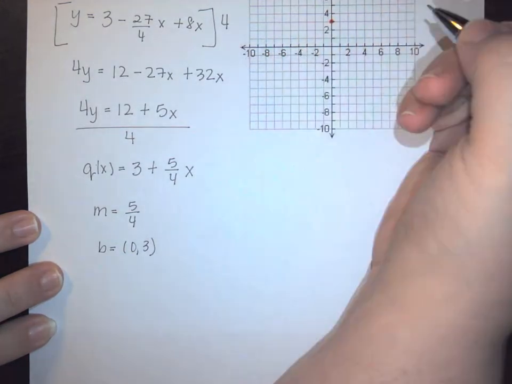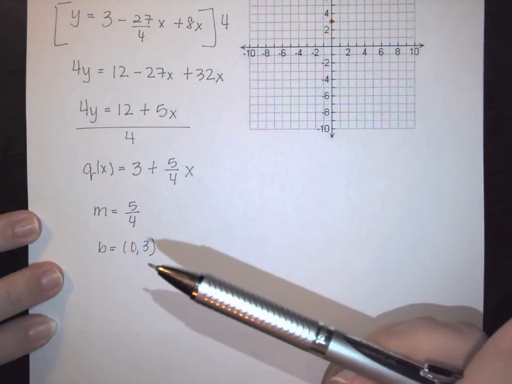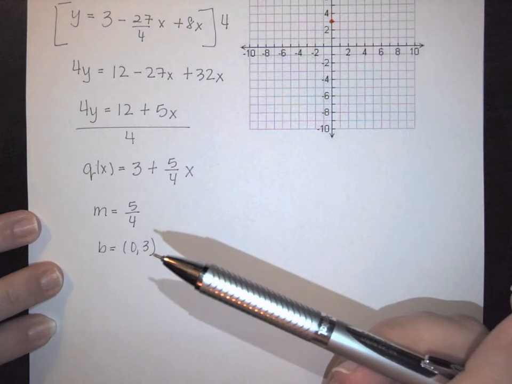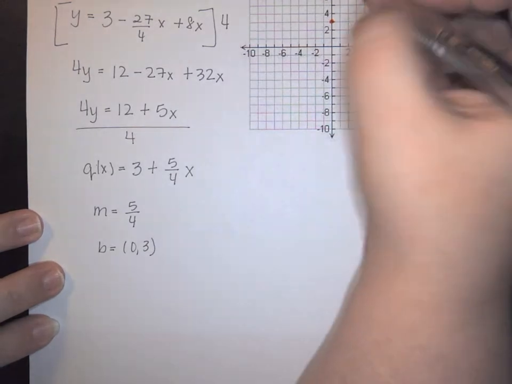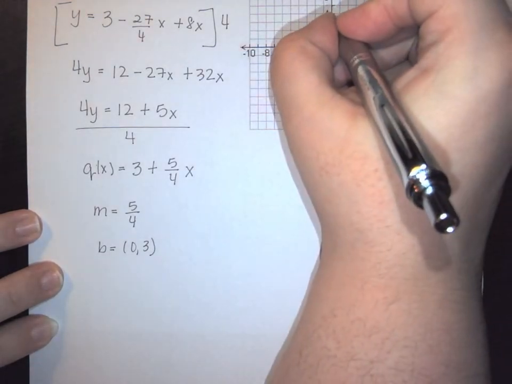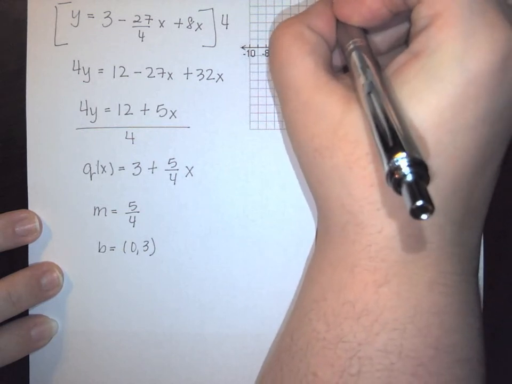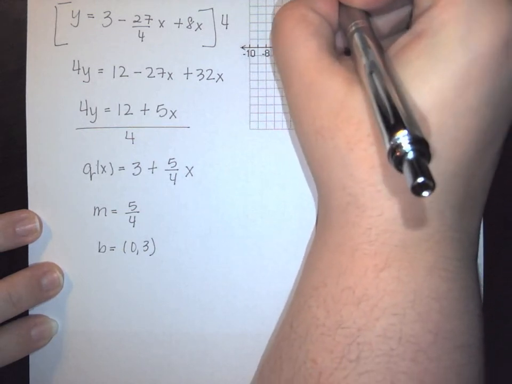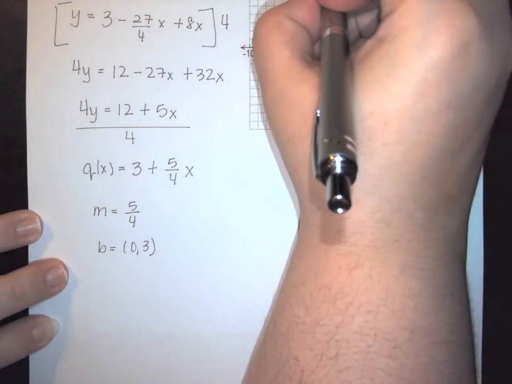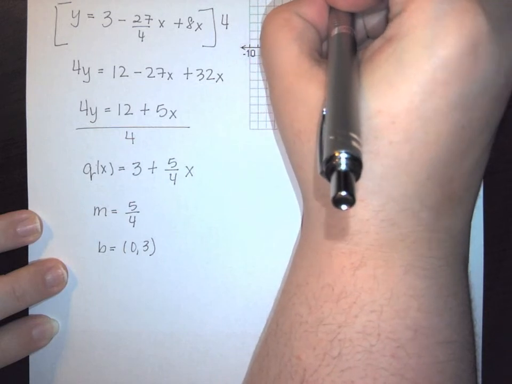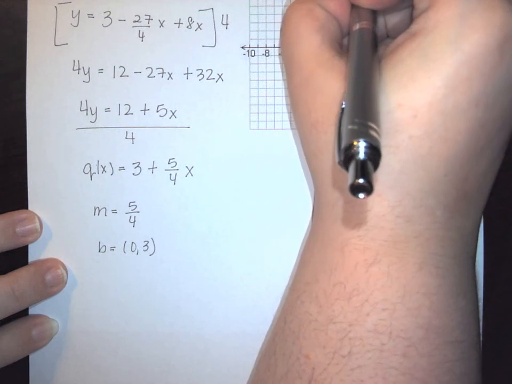And then we need to graph our slope, and so again our slope is going to be rise over run. So in this case we're going to go up 5, so we've got 1, 2, 3, 4, 5, and then we're going to go positive 4, so this is going to be 1, 2, 3, 4, which puts our next point right here.